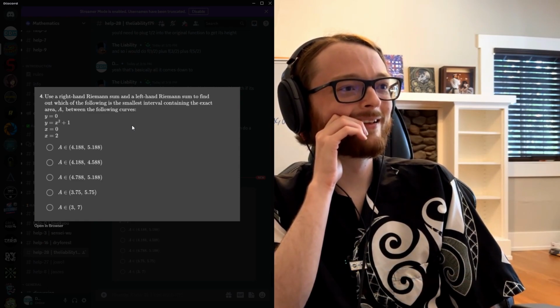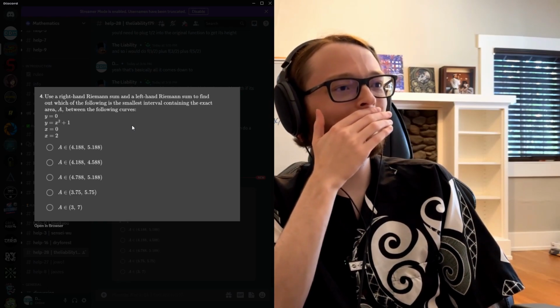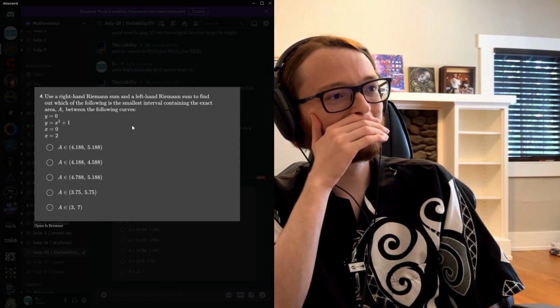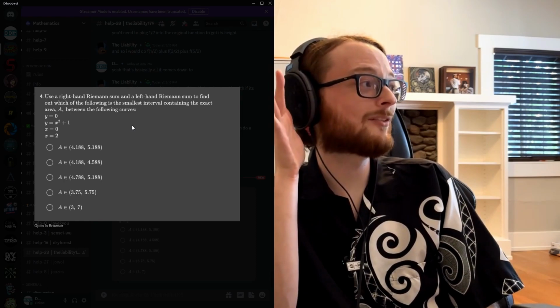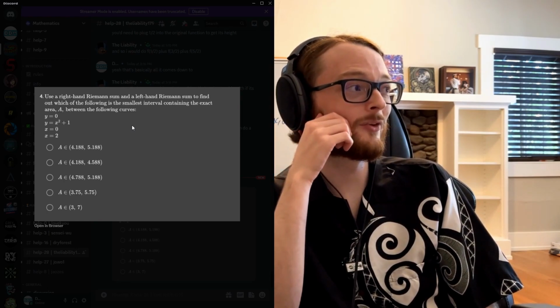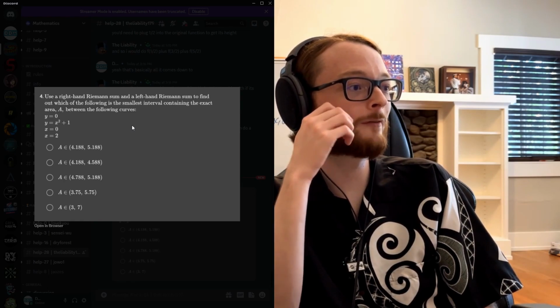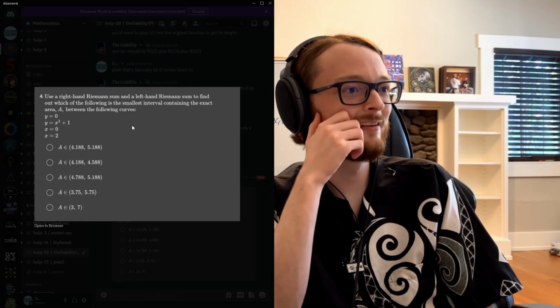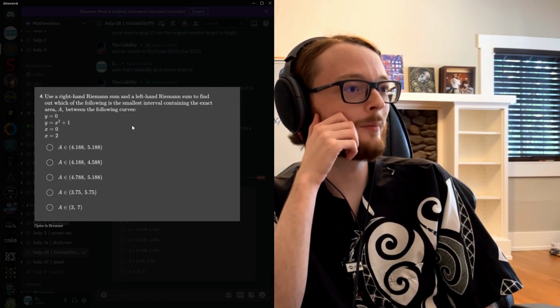Because you could get wildly different estimates. I mean, I would want to just integrate this from 0 to 2 and see which one has the answer inside it. Because I assume, or you look for the smallest one with the answer inside it. But they say specifically a right-hand Riemann sum and a left-hand Riemann sum.